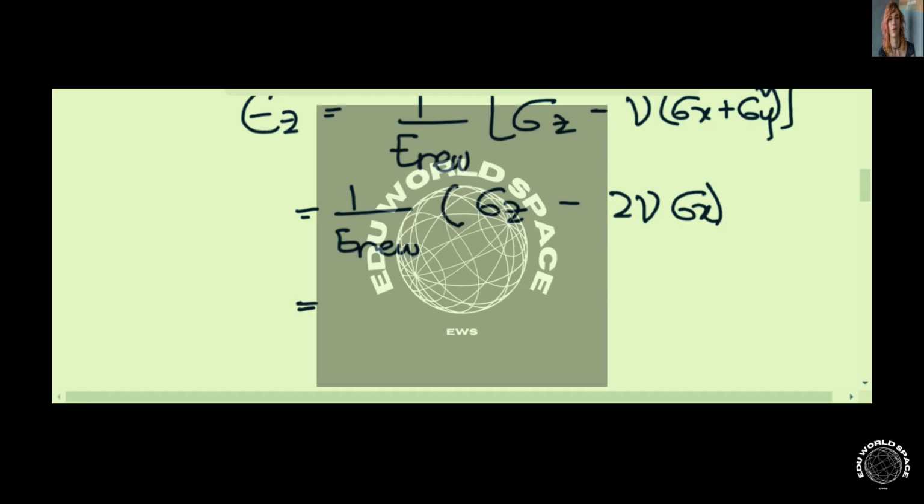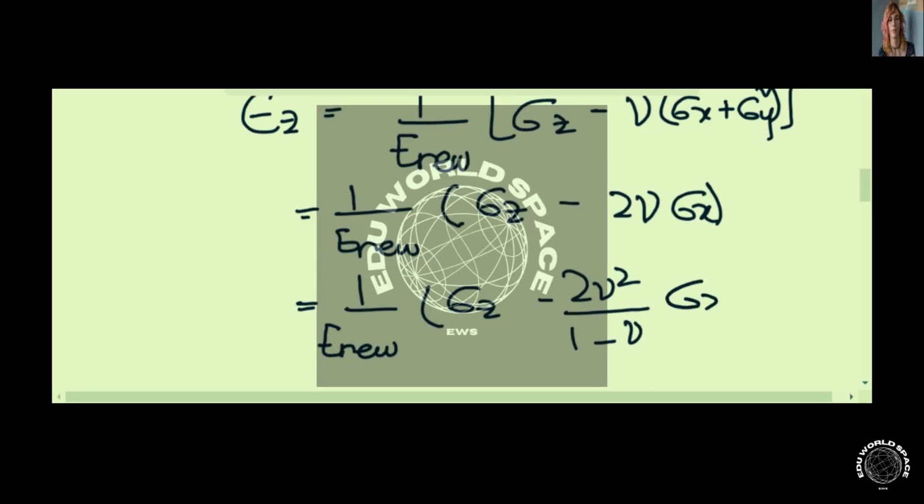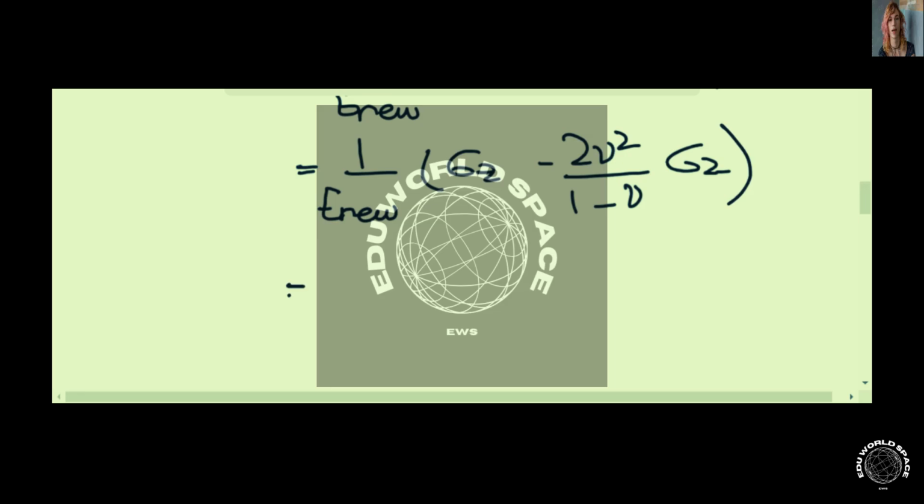So now I'm going to rearrange it. I have z minus 2 epsilon squared divided by 1 minus epsilon times z. And again, I'm going to simplify a little bit more.